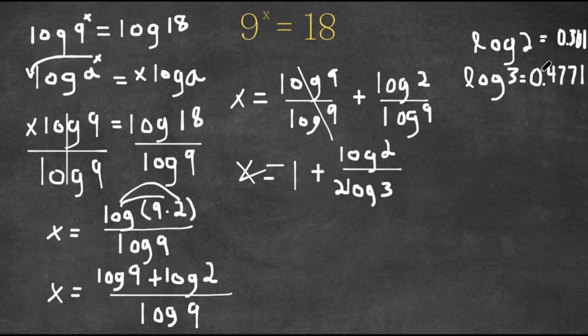So now if I plug in these numbers, we would get 1 plus log 2 is 0.301 over 2 times log 3. Well, that would be 0.9542.